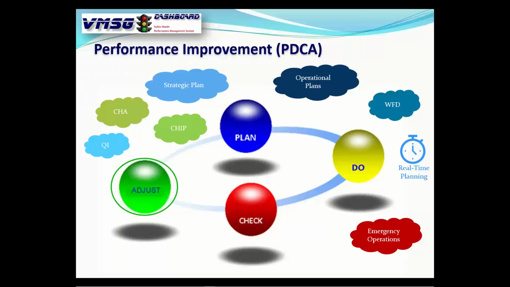What this does is keep the plans alive using that real-time planning process. It keeps the input coming back all the time, so you know in real time how you're doing on the plan. And if in fact you go back and determine that the plan is just a little bit too aggressive, you can now adjust the plan. You put the notes in there and say we adjust it because the real number seems to be about 15, and you made the adjustment. So that's kind of phase number two.